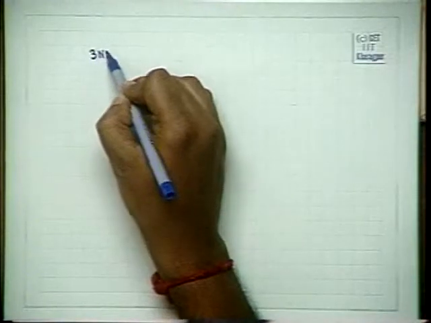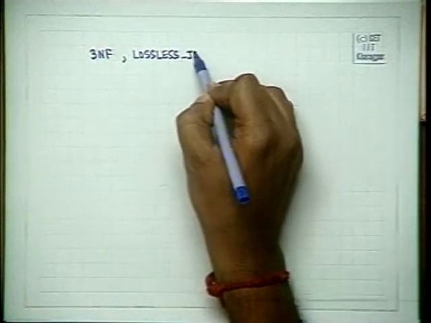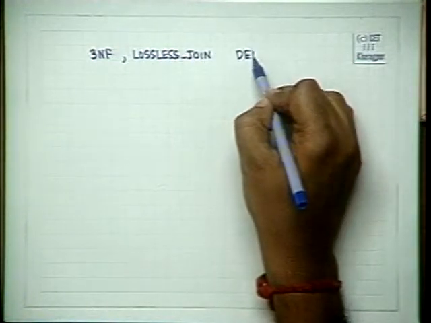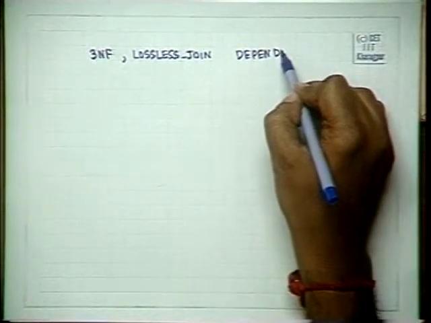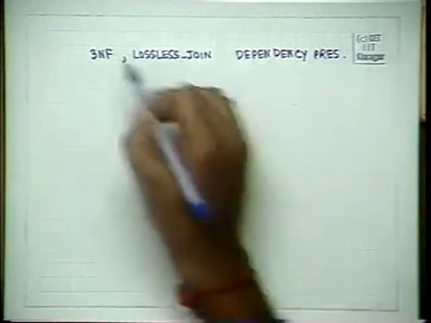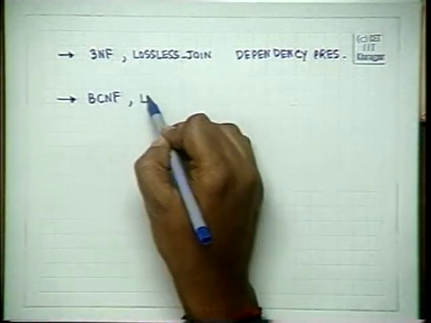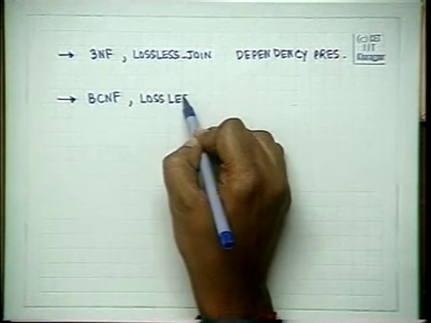So you cannot have all the options together here, and we will see later what you can always have: 3NF, lossless join, dependency preserving, or BCNF with lossless join.